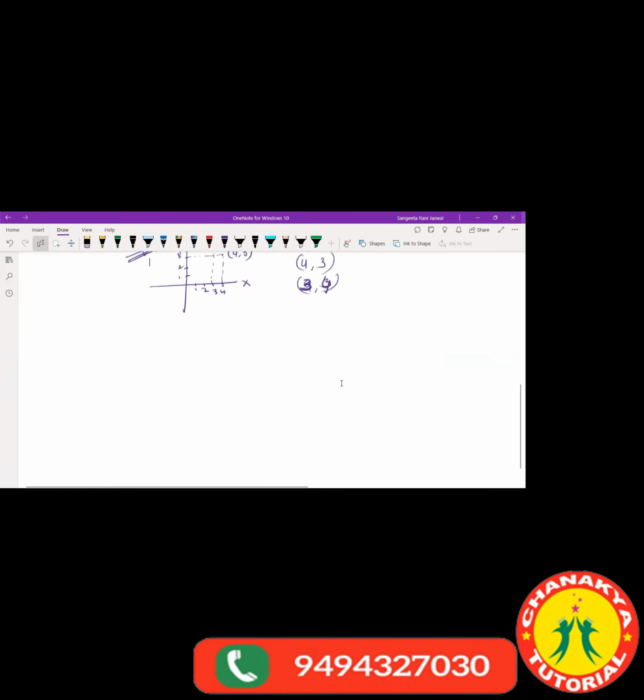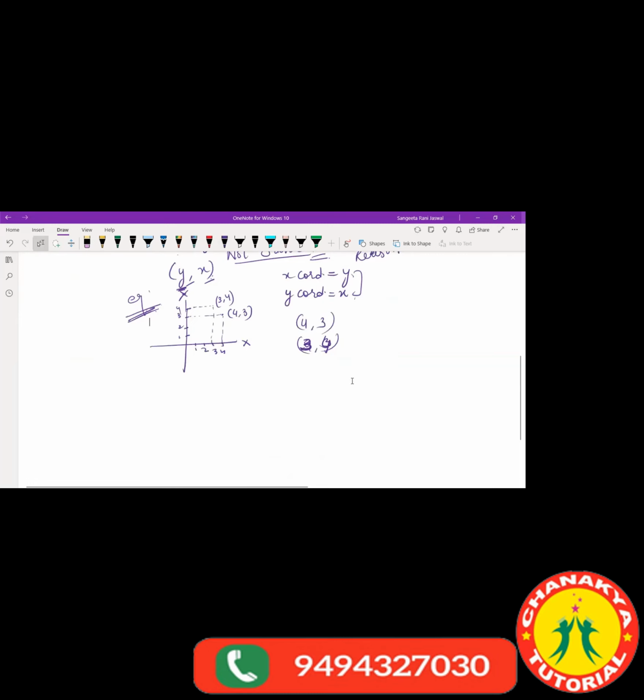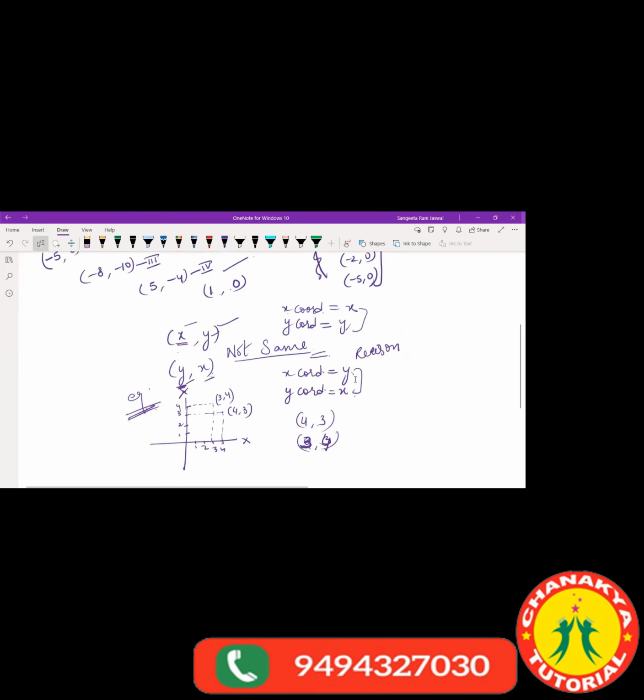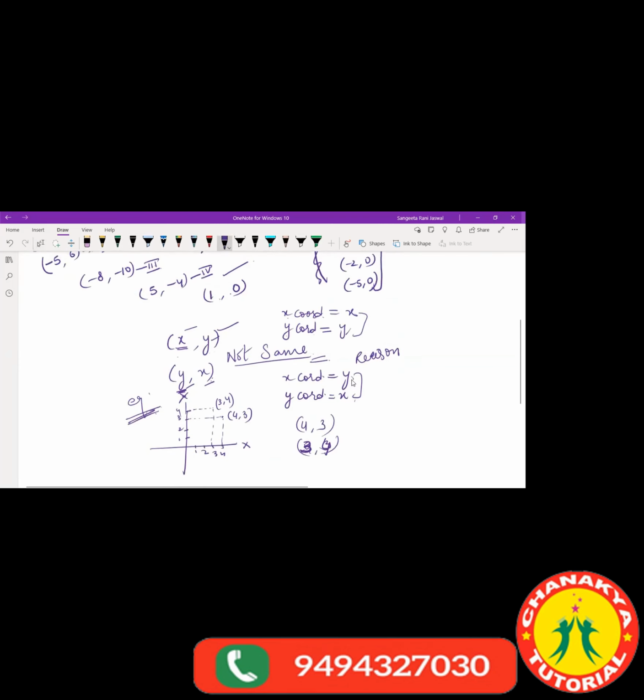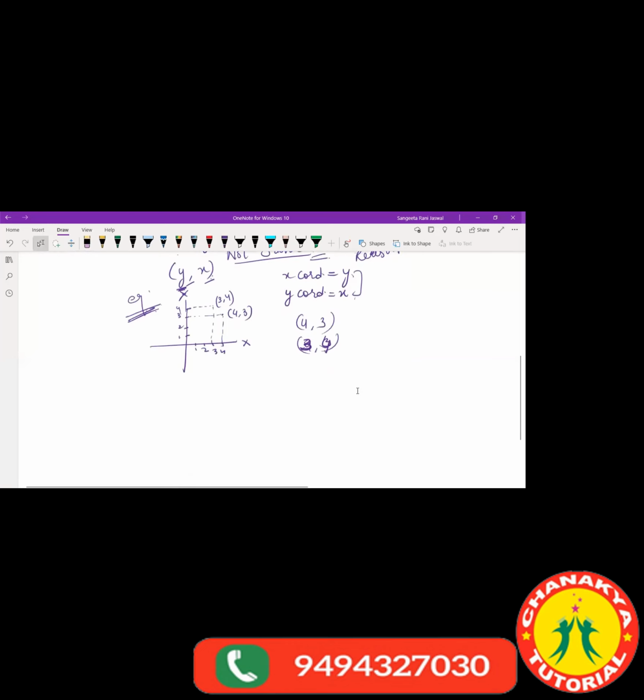Now the next thing. As I was saying, x, y and y, x are not the same. That means the order is a very important thing here. The order of the coordinates is very important. That's why we call it an ordered pair also.